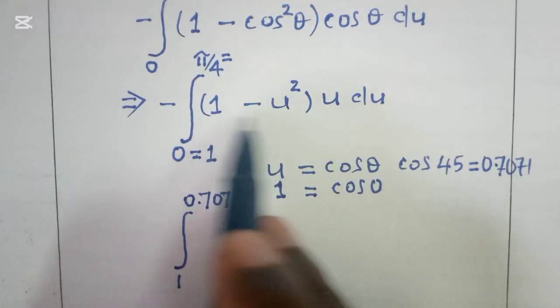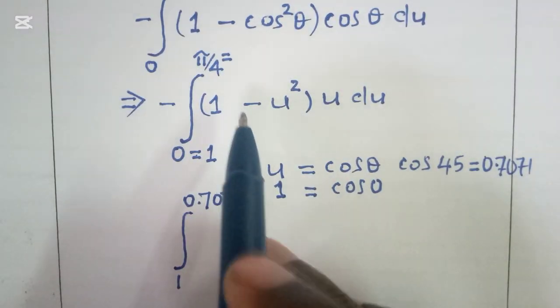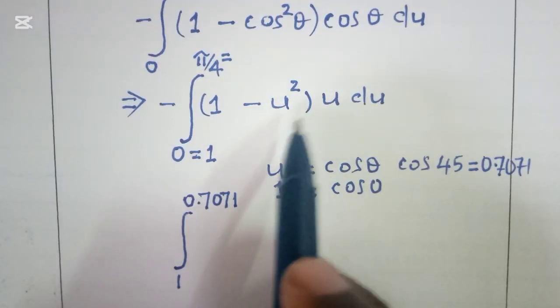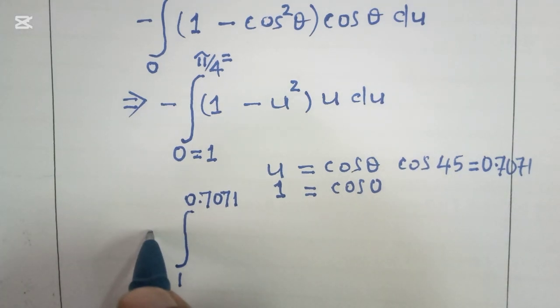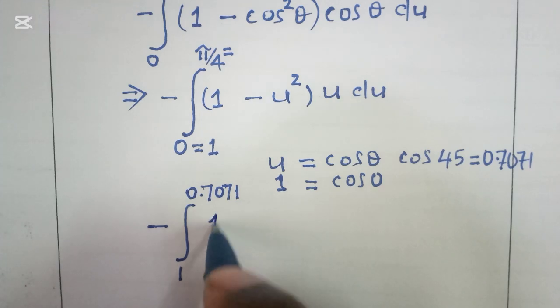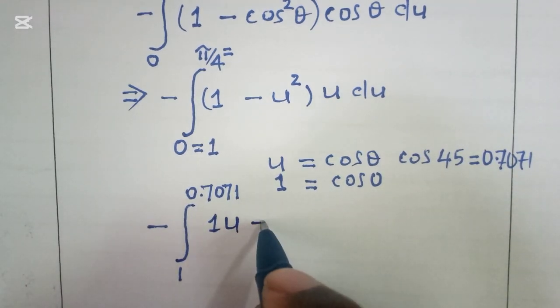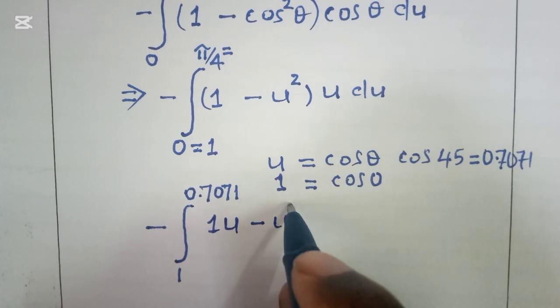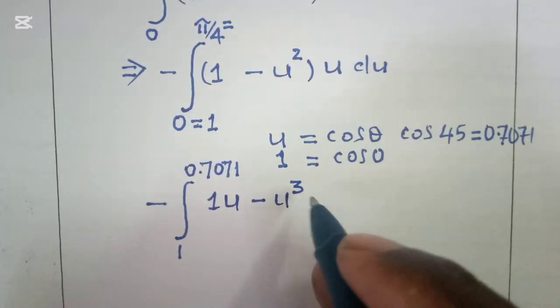Guys, we can now multiply. That is 1 minus u squared multiplied by u. Remembering we have a negative there, we shall have 1 u minus u raised to 3, like that, du.